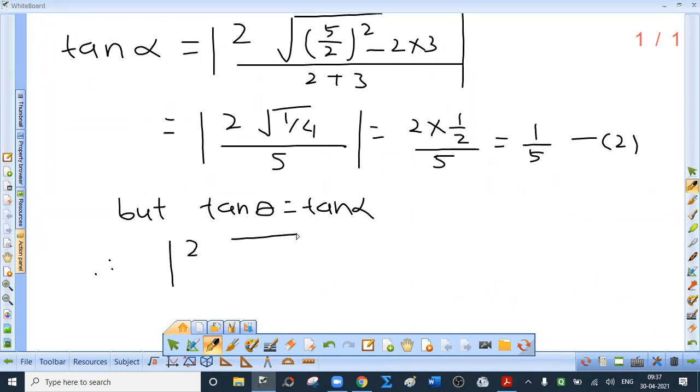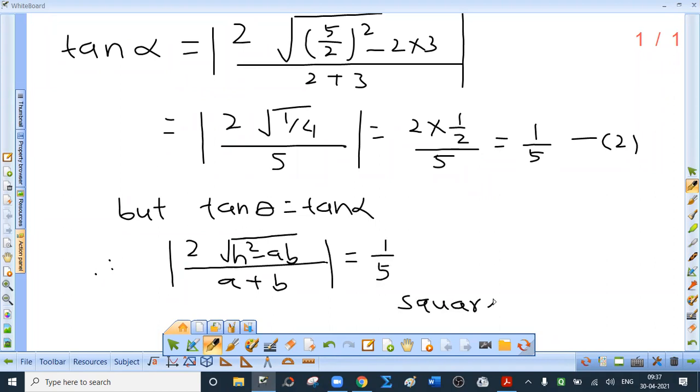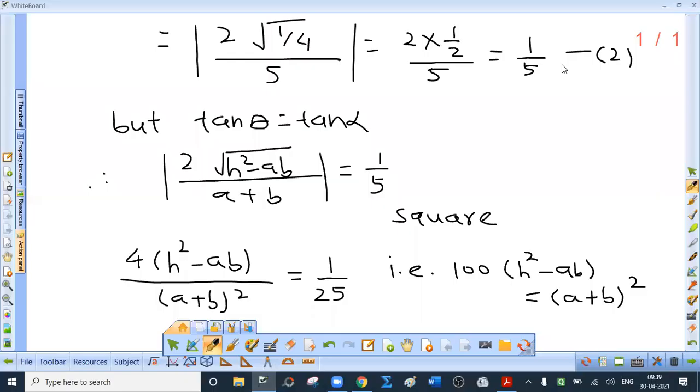So twice root h square minus ab upon a plus b is 1 by 5. On squaring both sides, we get 4h square minus ab upon square of a plus b is 1 by 25. Cross multiply to get 100 h square minus ab equal to square of a plus b. So this is the required condition.